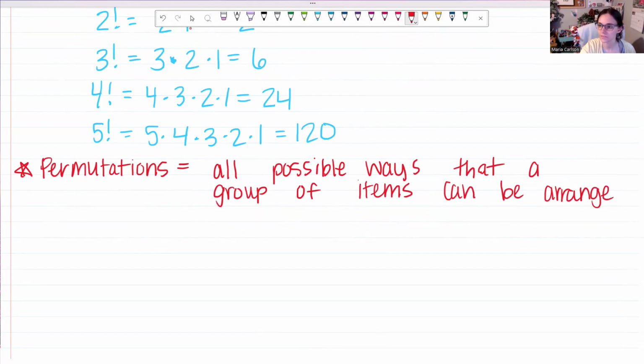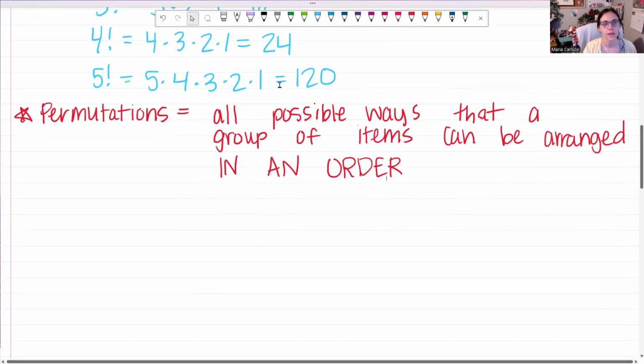And the thing that is specific to permutations is that these are arranged in some particular order. So if I'm lining up my students in a line, there is a set order to that, a first, a second, a third, a fourth, a fifth person in line.